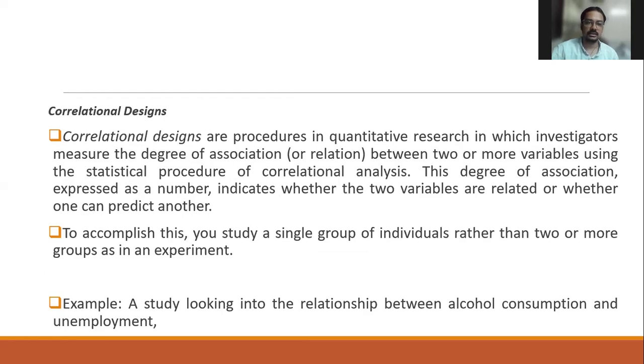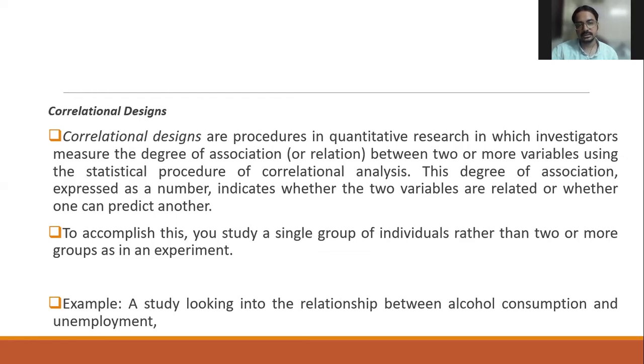Correlational designs. Correlational designs are procedures in quantitative research in which investigators measure the degree of association or relation between two or more variables using the statistical procedure of correlational analysis. This degree of association, expressed as numbers, indicates whether the two variables are related or whether one can predict another.